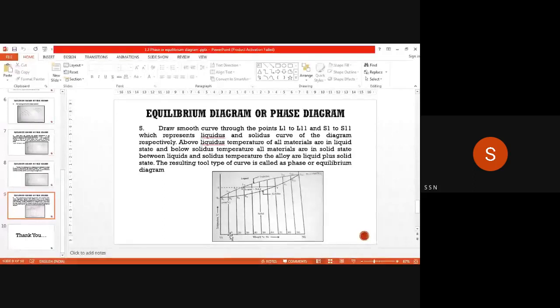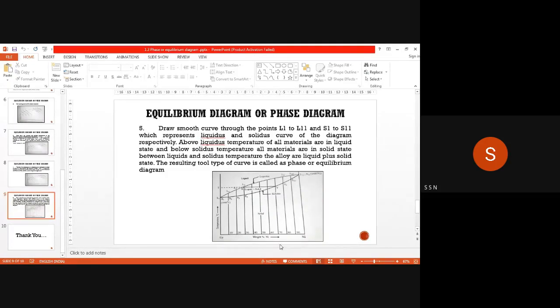Inside that, if you add 10% nickel, secondly 20% nickel, thirdly 30%, 40%, 60%, 70%, 90%, and 100% nickel, like that the composition is changed.